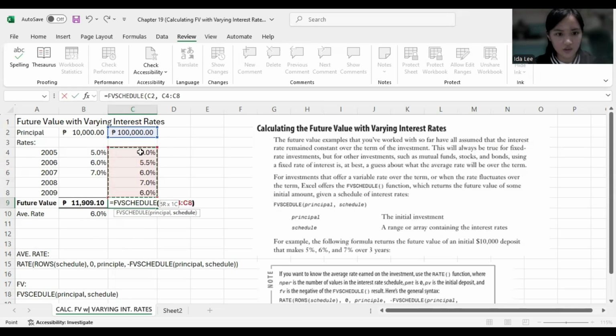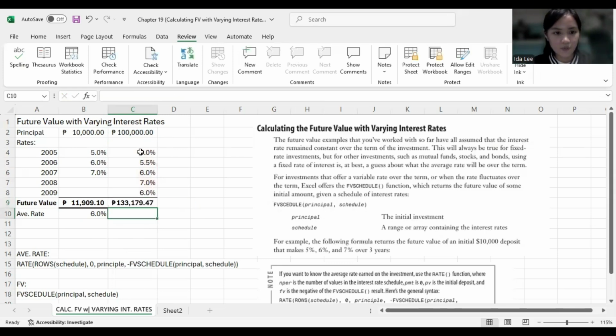Type in that, open, close your parentheses, and then close that, and you have 133,179.47 pesos. That's your future value for this one.